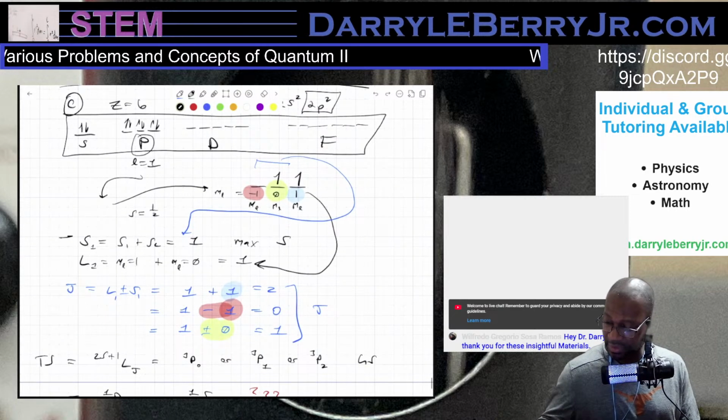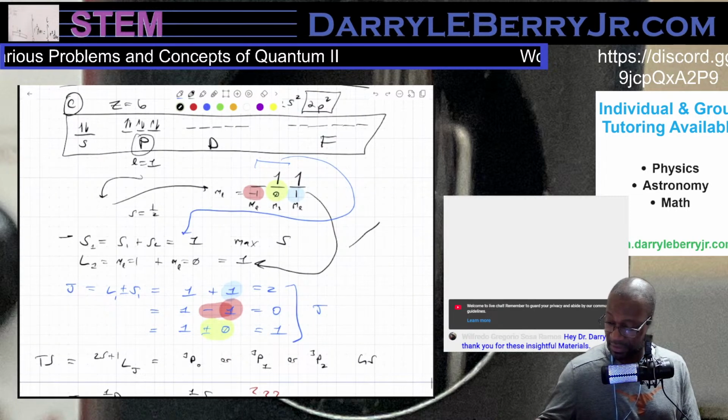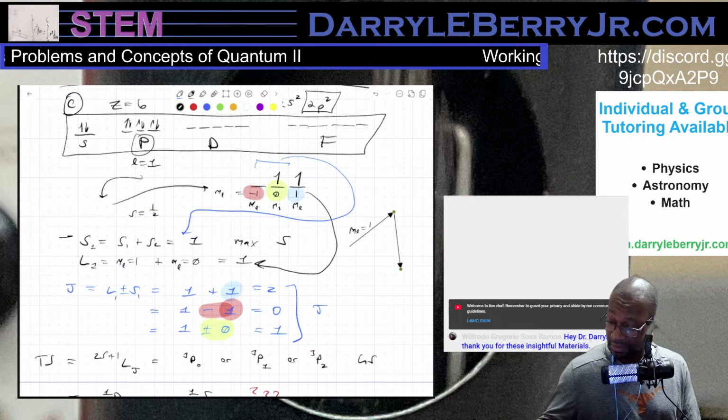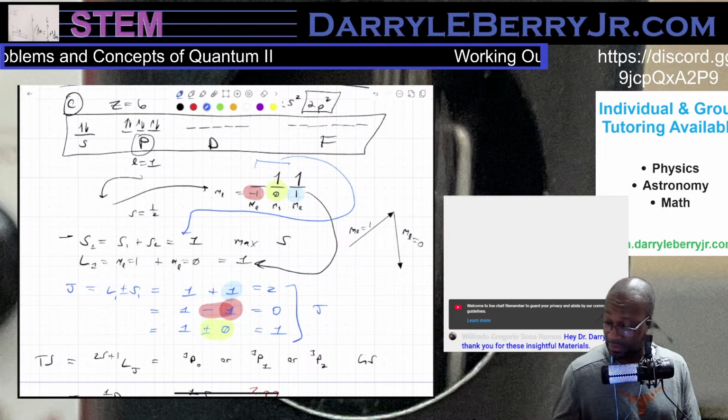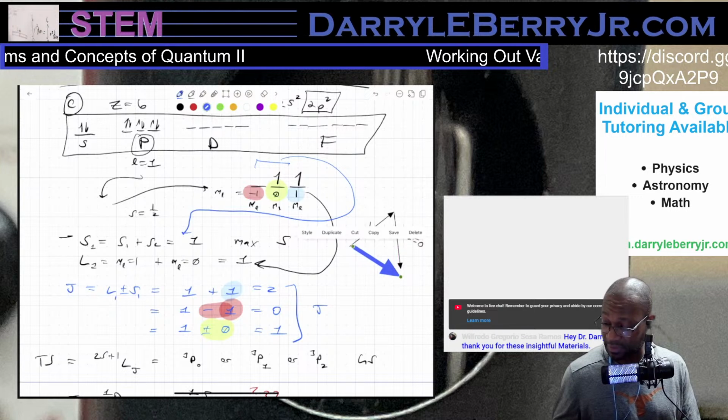And he treated these as if they're vectors. Like this is the ML equals 1 vector, and this is the ML equals 0 vector. And the big L vector is basically adding these two together, vector addition.